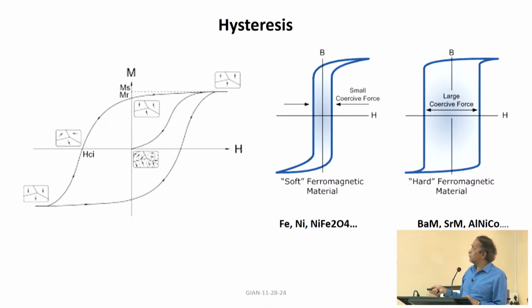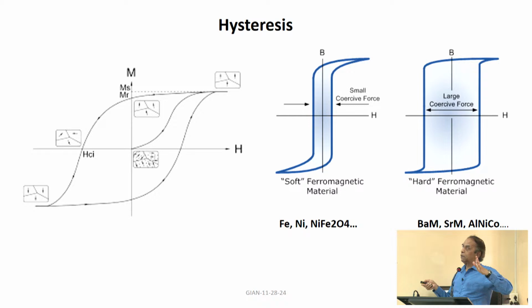Now, these are two different cases. One is a soft magnetic material, a soft ferromagnet, where the coercive force, or the coercive field, is the field where you can make the magnetization go to 0.